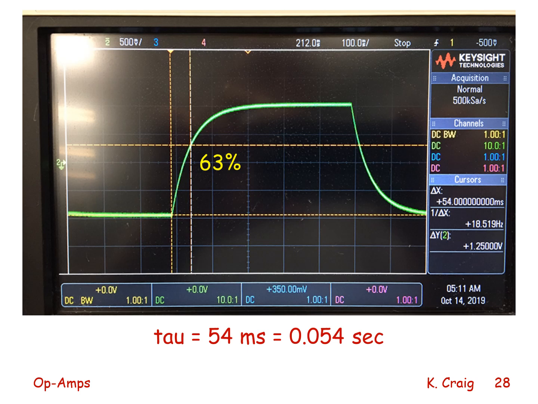Here I have performed a step response test and shown that for this active low-pass filter, at 63% of the steady state value, the time constant is 0.054 seconds.